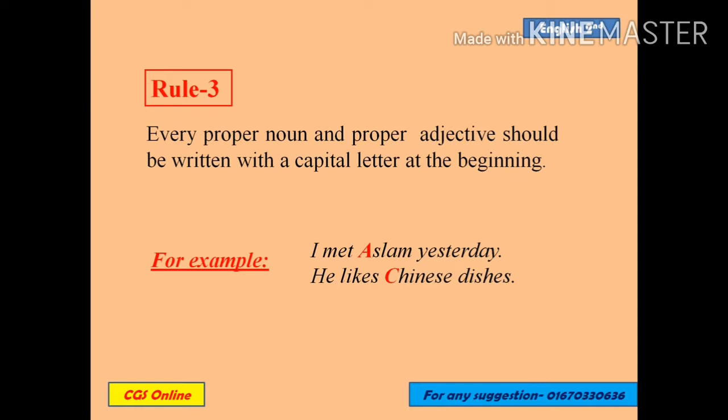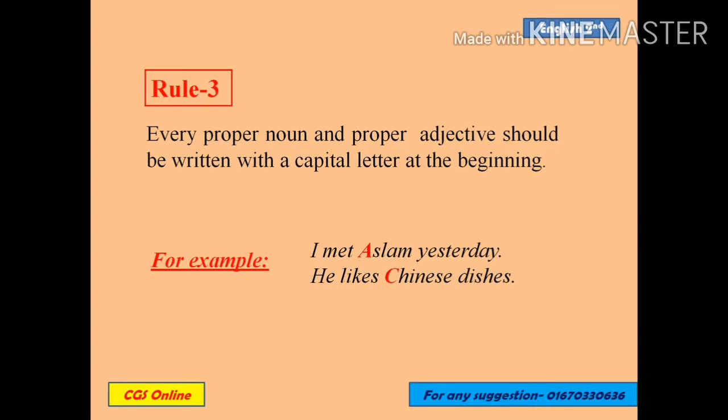It is also a common mistake found in your writing. Wherever you are writing the name of a person, a name of a place, a specific name of a location, you have to write the name with a capital letter at the beginning.